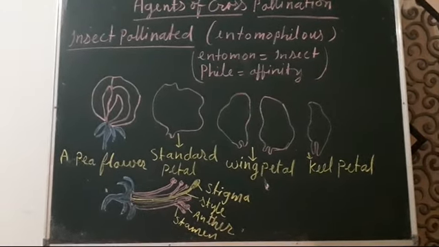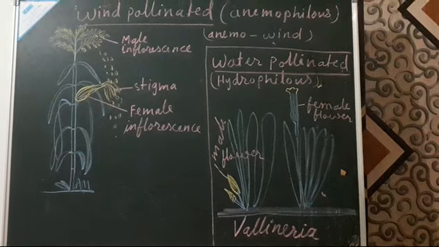And next we will see about the wind pollinated flower. Wind pollinated flower can especially be seen very easily in the maize plant. This is the maize plant. Makai, you know that nowadays it is very common, we get it.